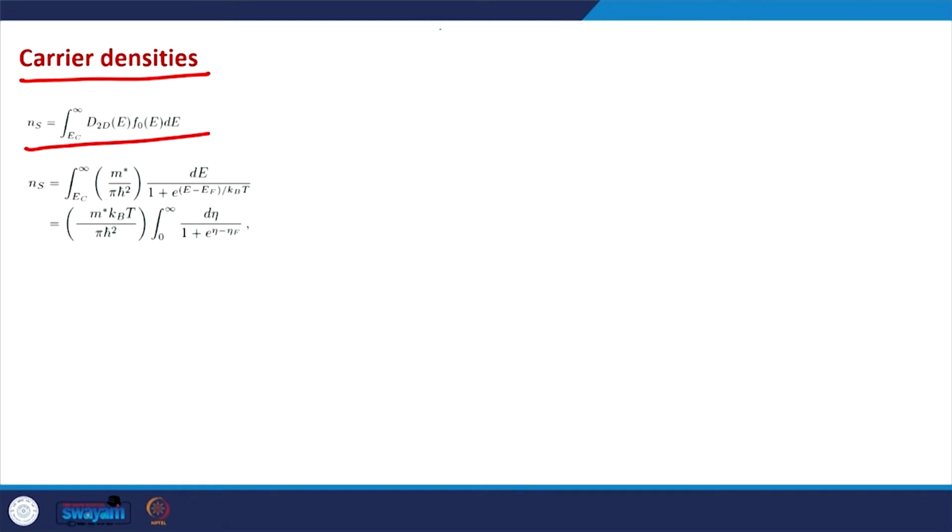And if you recall, in an arbitrary semiconductor, the number of electrons or charge carriers in the conduction band is given by this integral from E_C to infinity dE, and the number of electrons per unit area, the charge density, will be given with this D_2D(E) parameter, the 2D density of states.